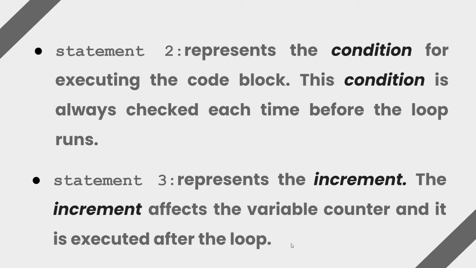So this increment would affect the variable itself. By doing so, it would make it a counter, and this particular increment is always executed after the loop. So this means the order of execution begins with the variable counter itself, then the condition, then the execution of the loop, and then the increment. So that is the cycle that the entire loop will be going through until the condition becomes false. The moment it is false, it breaks, and that is the exit of your program.